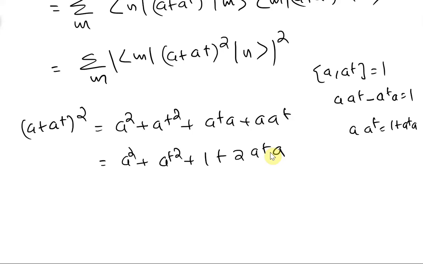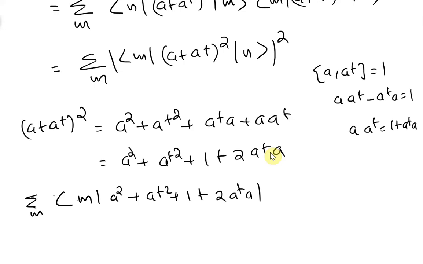So that gives, substituting this quantity over there, the sum over m of |⟨m|(a^2 + a†^2 + 1 + 2a†a)|n⟩|^2. So how do we find this?